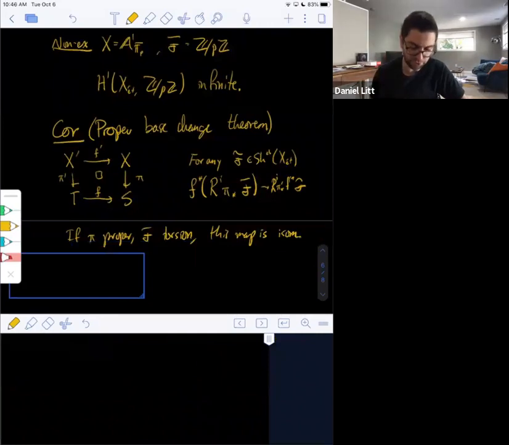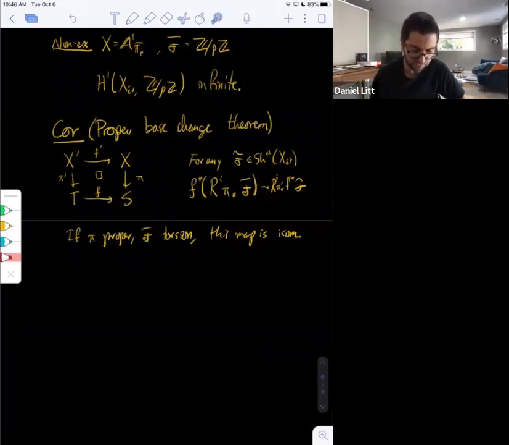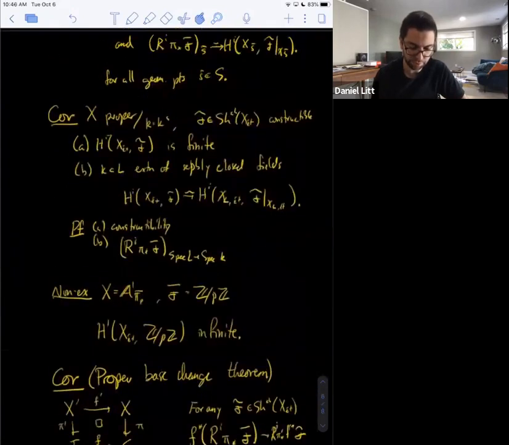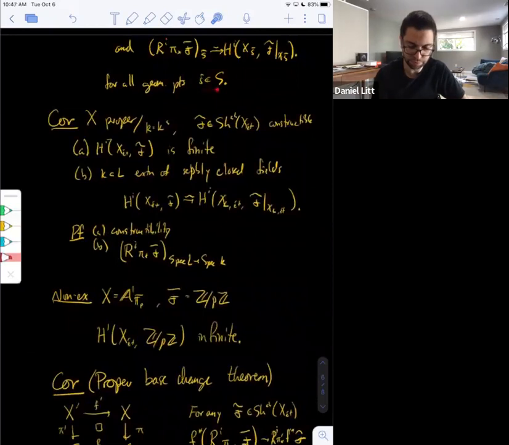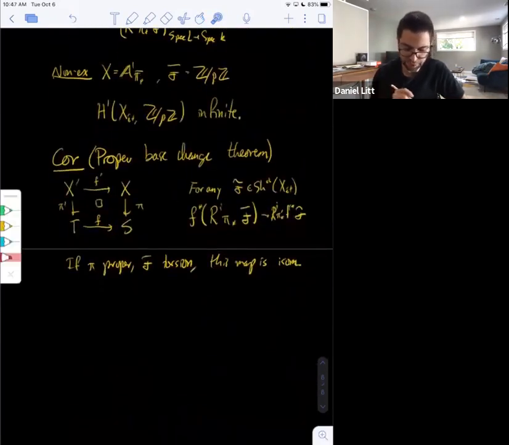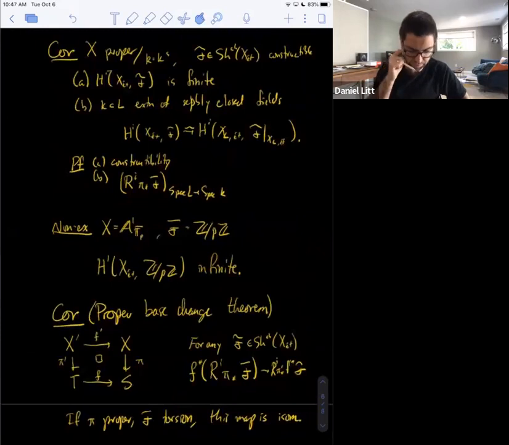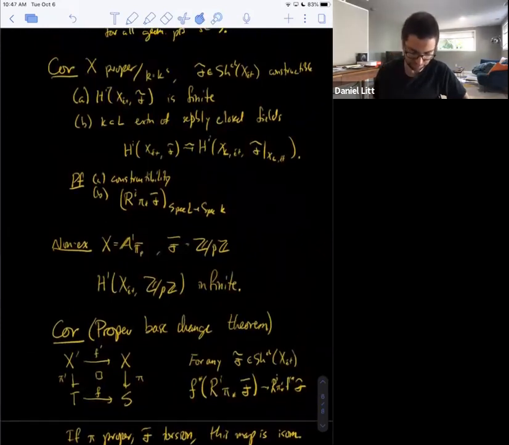All right, so let's talk about this a little bit. So I claim that if T is just a point, or geometric point of S, this is just the statement from above. It's this isomorphism. Can anyone tell me why that is? Maybe let me scroll up so you can see both.